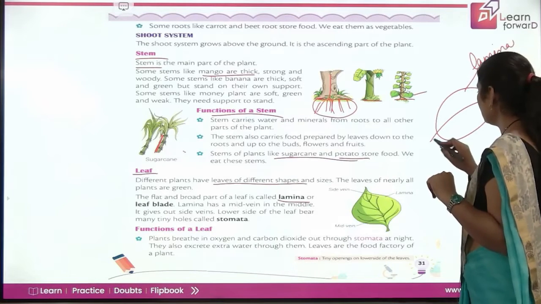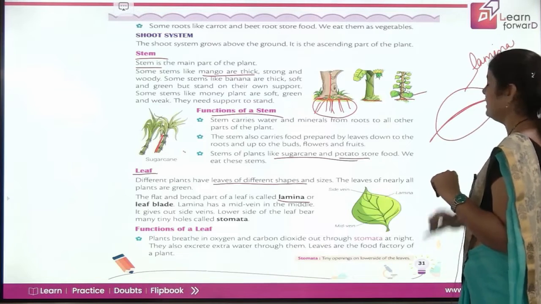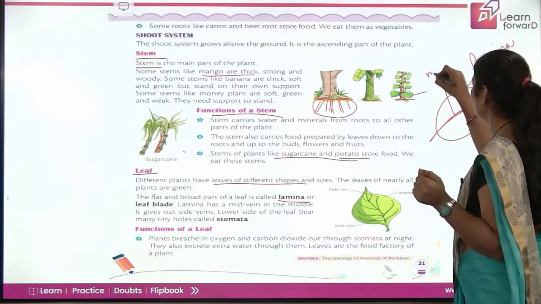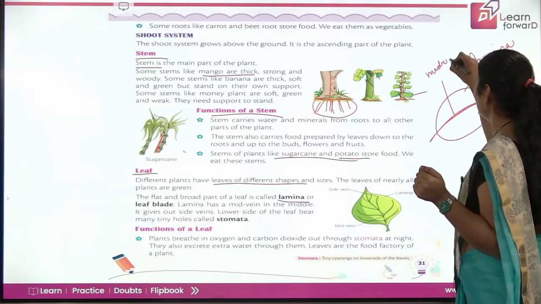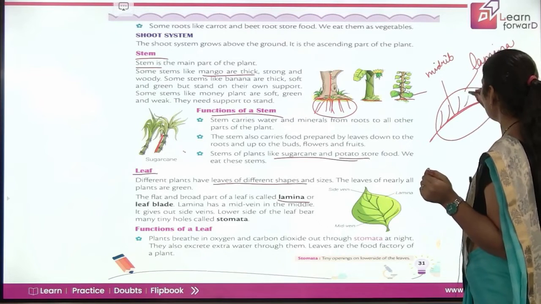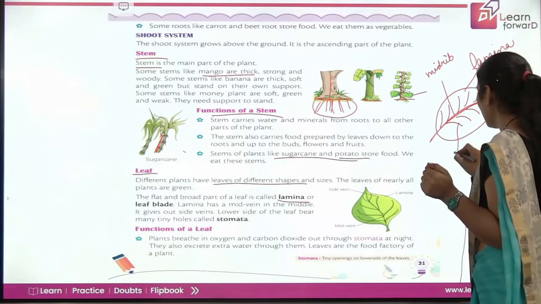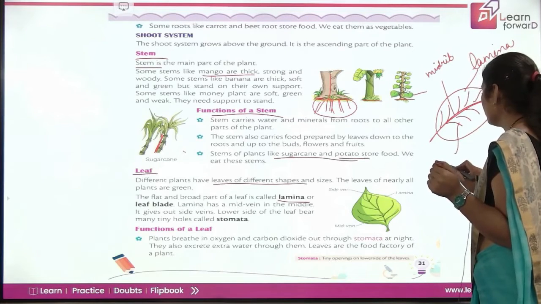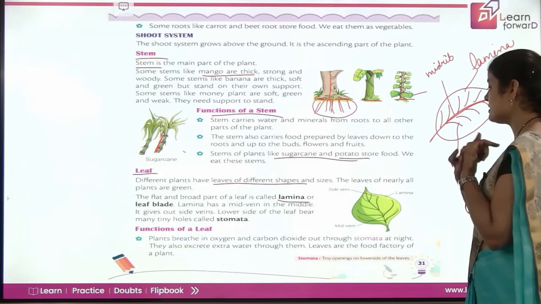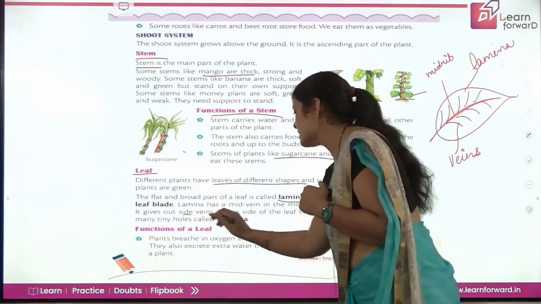Now there is a prominent vein present in the middle of the leaf called the midrib. There are several smaller lines that arise from the midrib or midvein, and these are called side veins or veinlets. So it gives out side veins.